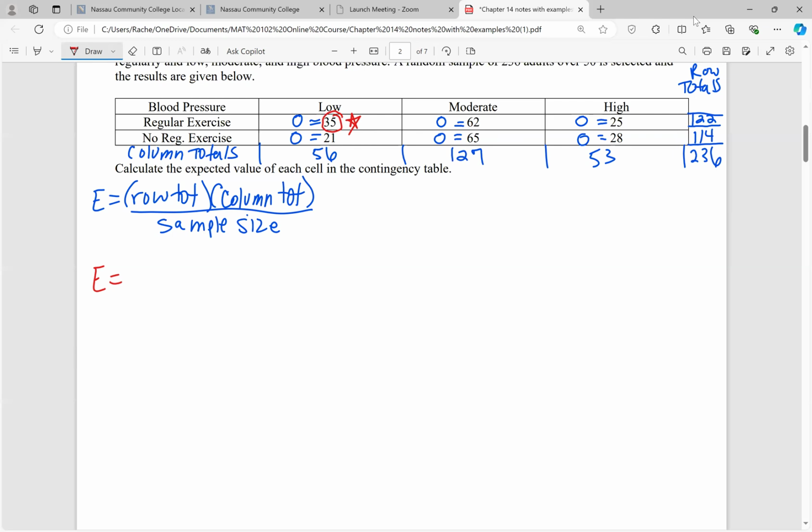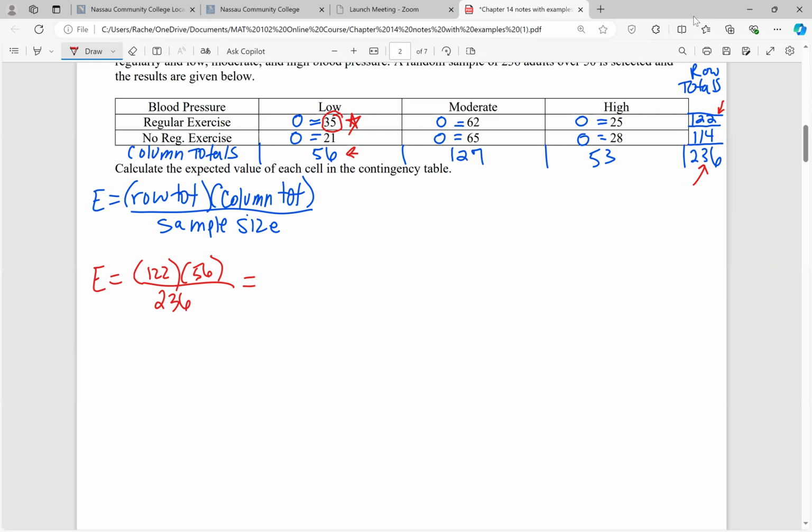Take the row total, which is 122, multiply it by the column total that it's in. So it's in this column, so the column total is 56. And then we divide by the total sample size, which is 236. And then we're just going to round appropriately.